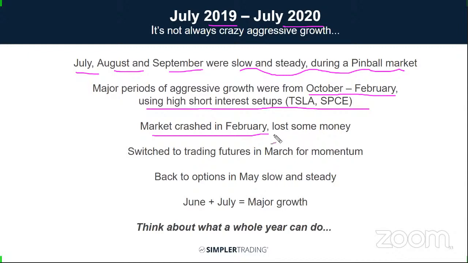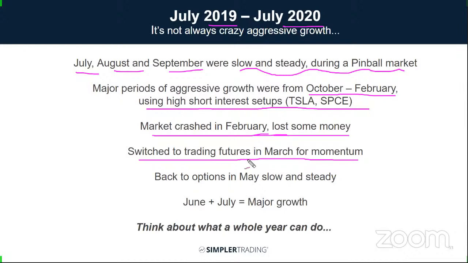Market crashed in February. Definitely lost some money in February. That was not ideal. I was on an airplane to Hawaii when the market started to tank, which was really not great. But you're going to lose some money when the market corrects, and you have to learn how to switch and correct with that.